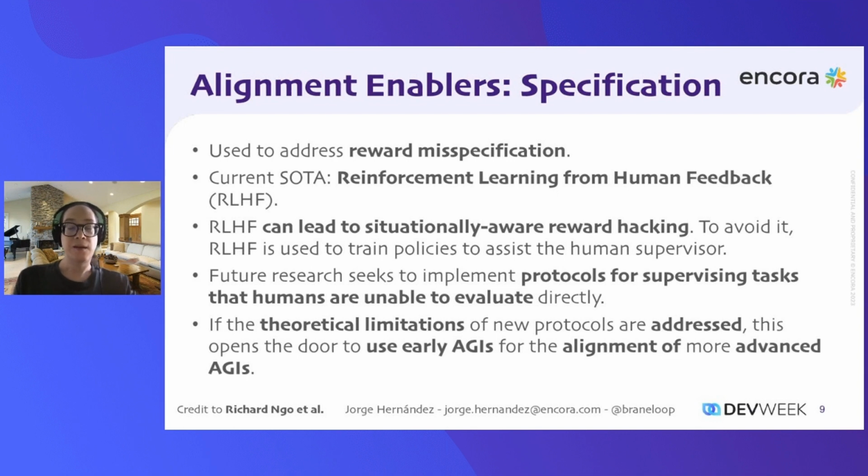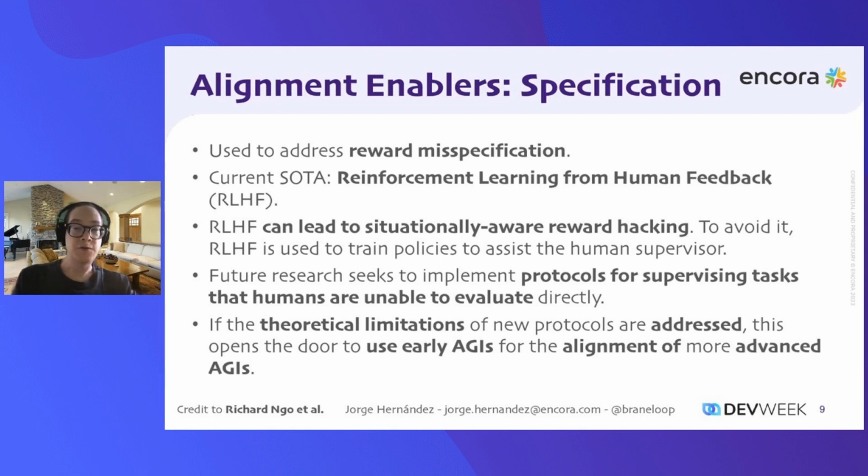And to avoid it, reinforcement learning from human feedback usually is used to train policies to assist human supervisors. We don't use it so much to train the model itself, but to assist the human training the model.